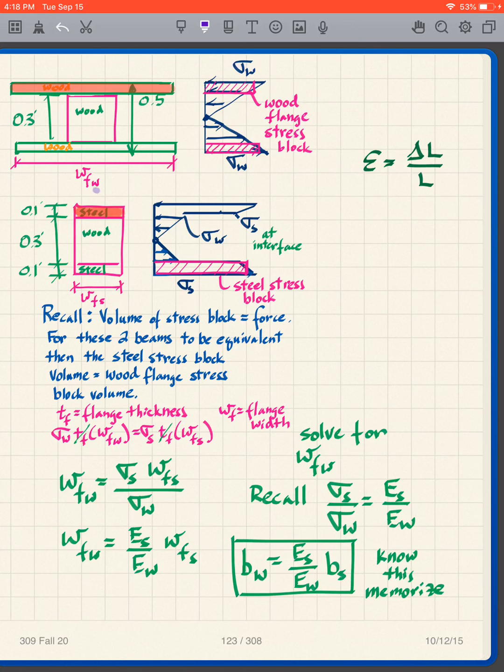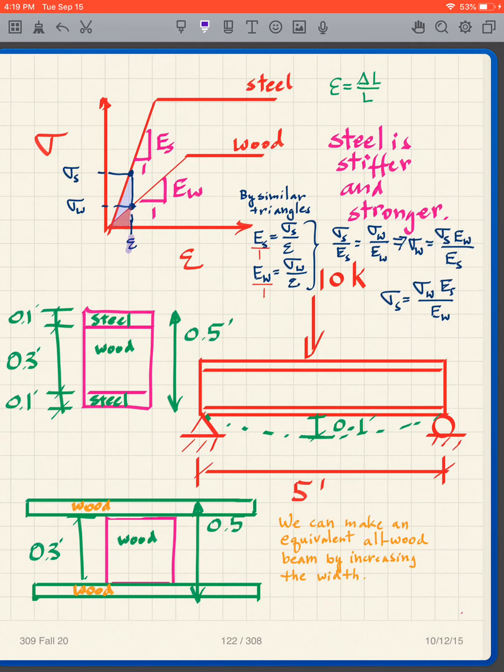On the other hand, if I build steel, wood, steel, what happens? I have a stress distribution that has this discontinuity here. Why? Because we determined that at that particular strain, I had a lower stress in the wood than I did in the steel. I have a big stress in the steel, and I have a small stress in the wood.